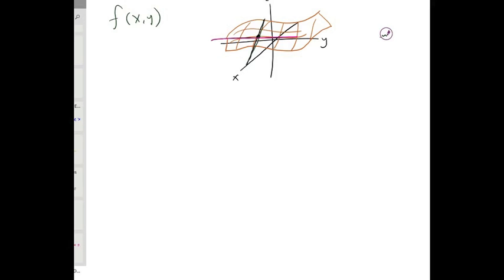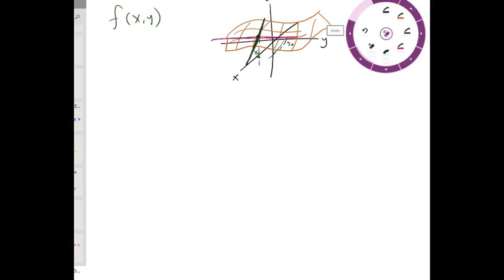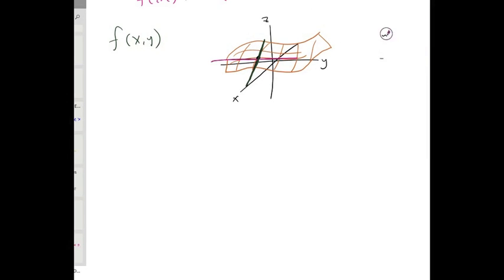And the slopes of these tangent lines, if you watched the partial derivatives video, we're going to go at some point x0, y0. Let me redraw that. Make this whole thing bigger.